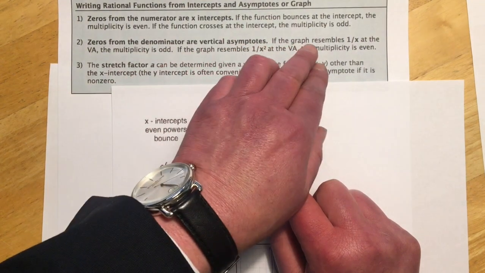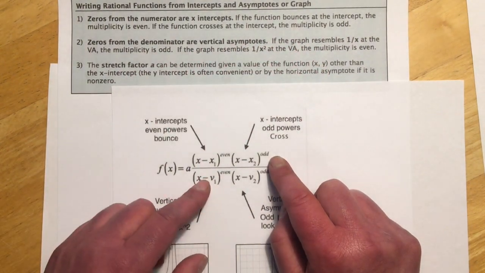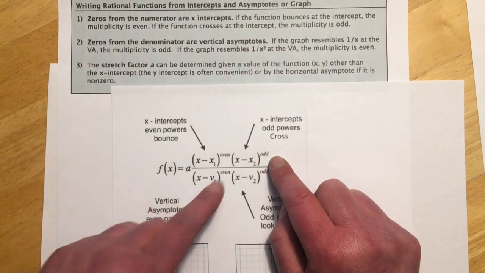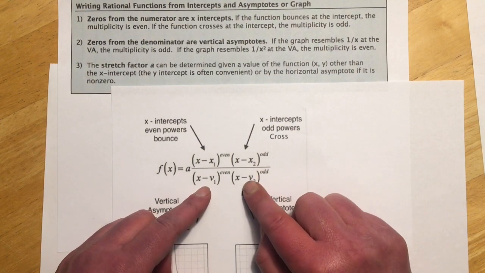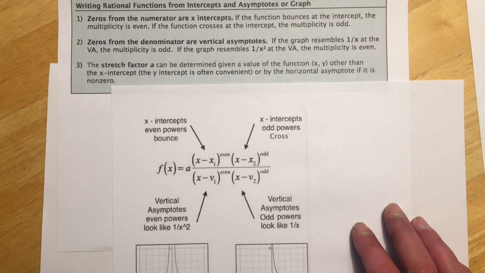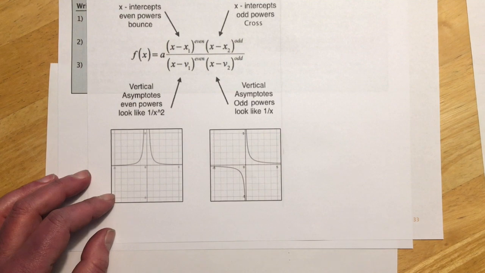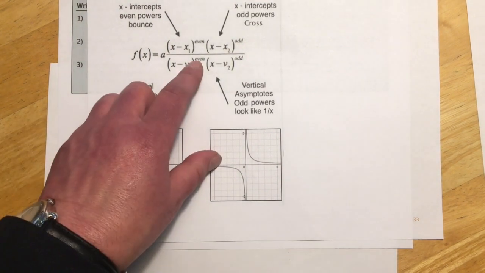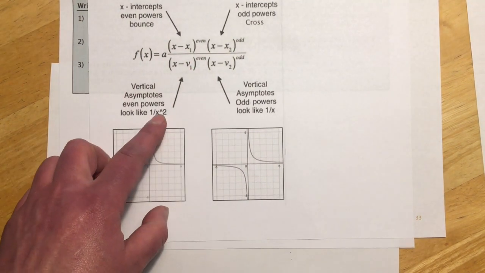Zeros from the denominator are the vertical asymptotes. We saw at the start of this section that any place we have division by zero in reduced form, it's going to give us a VA. So then the behavior of the VAs is going to be these two pictures. If it's an even power, it looks like 1 over x squared.